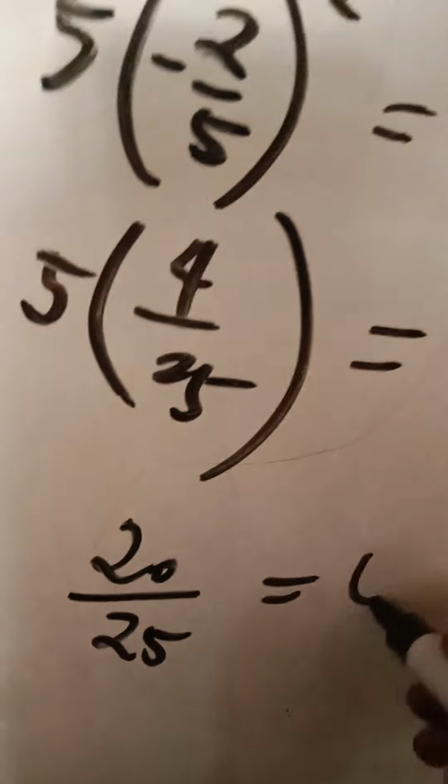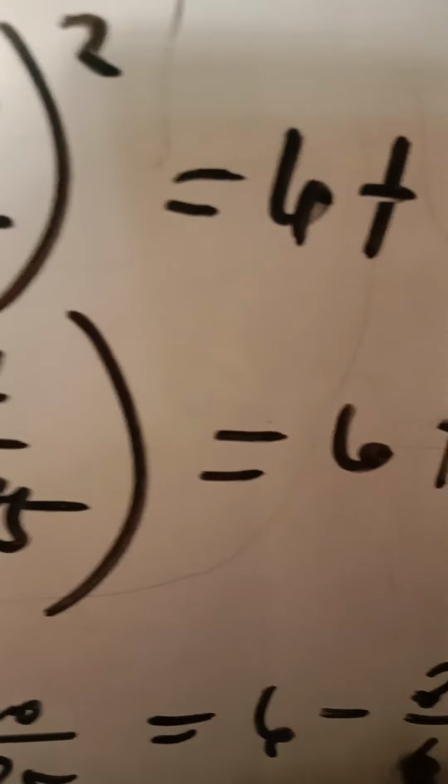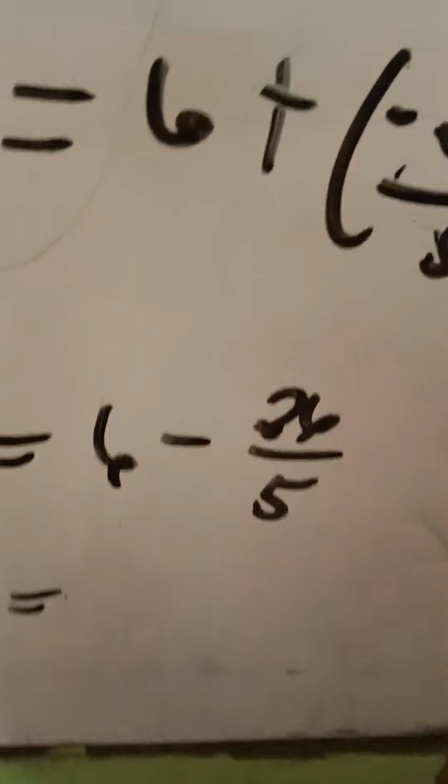So we have 6, positive times negative becomes negative 26 over 5. So 20 over 5, then 6 minus 26 over 5.